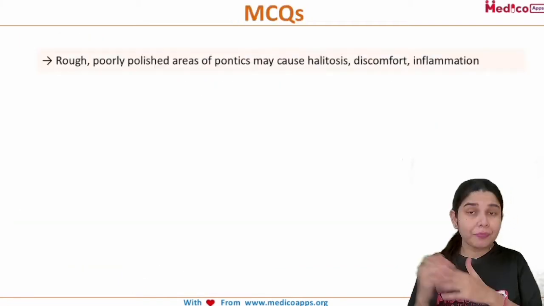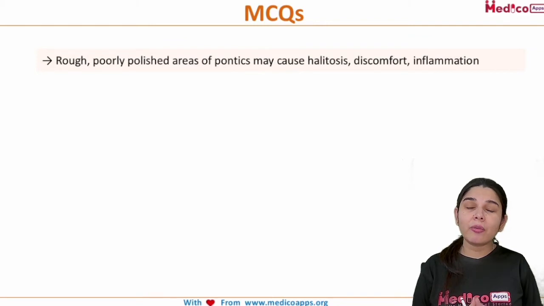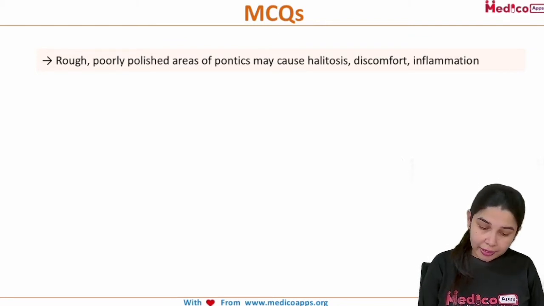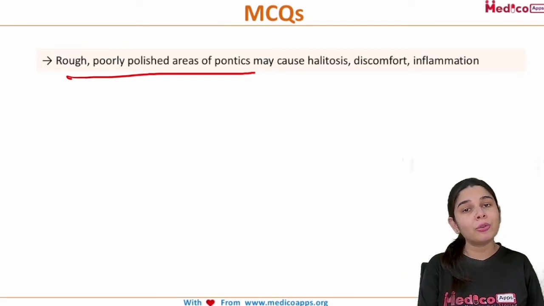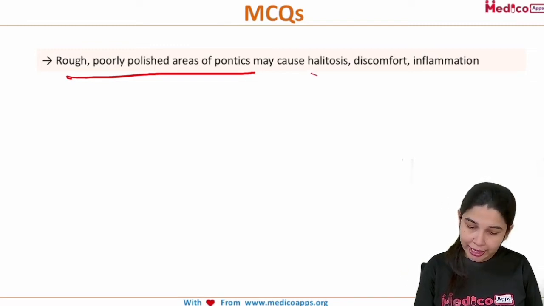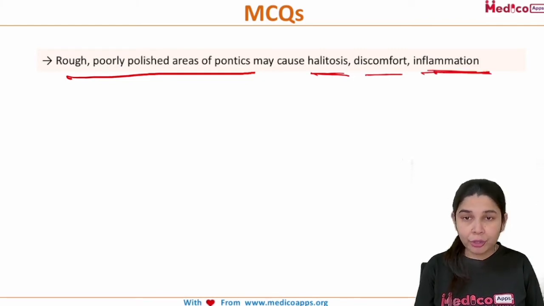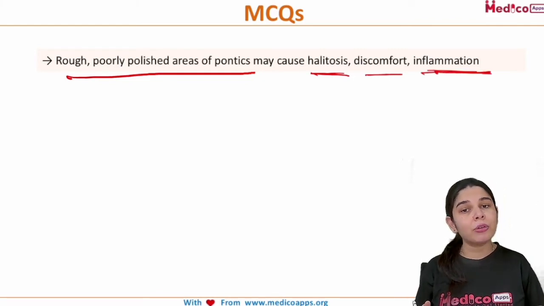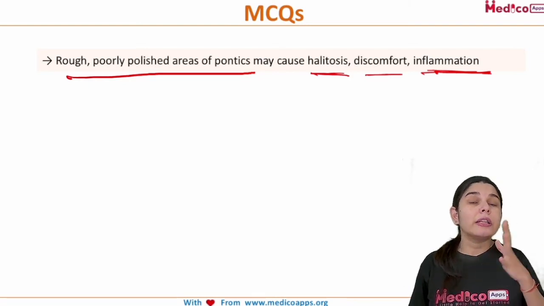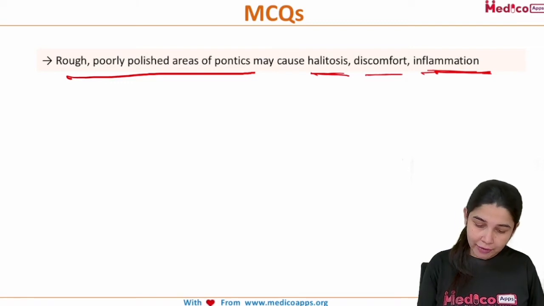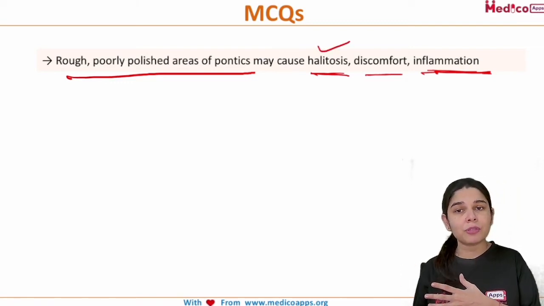Now lastly, there is another MCQ which was asked on this ideal requirement of the Pontic: if a rough, poorly polished area of the Pontic is given, what will it lead to? It will definitely lead to halitosis, discomfort and inflammation of the patient. Because of the food accumulation, there will definitely be halitosis, bad odor from the patient's mouth.